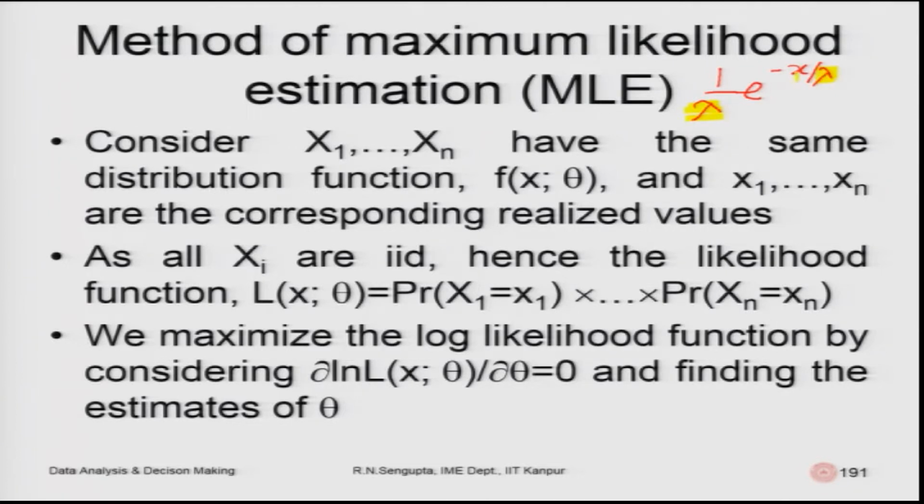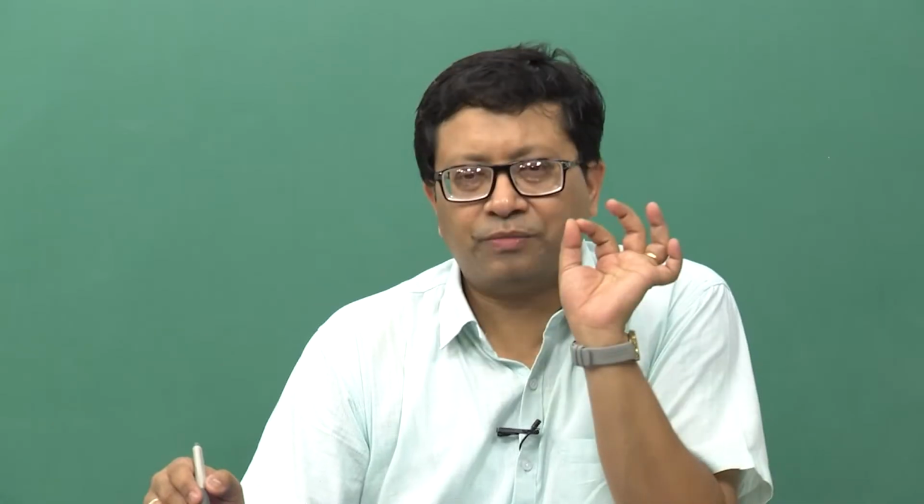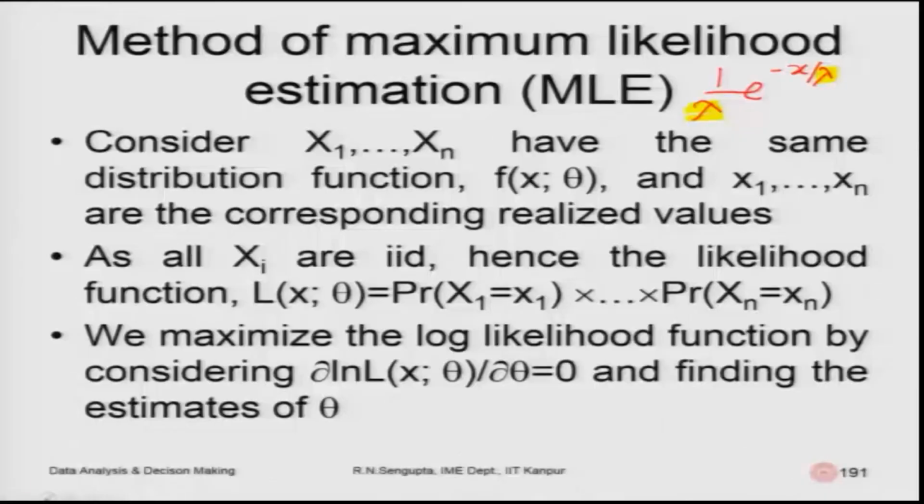When x takes the value x1, you put that x as x1 and find the corresponding PDF or PMF based on the fact that lambda is unknown. So that would be your case where we get f of x1.